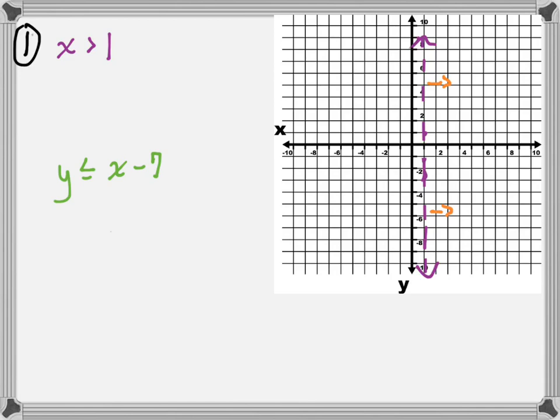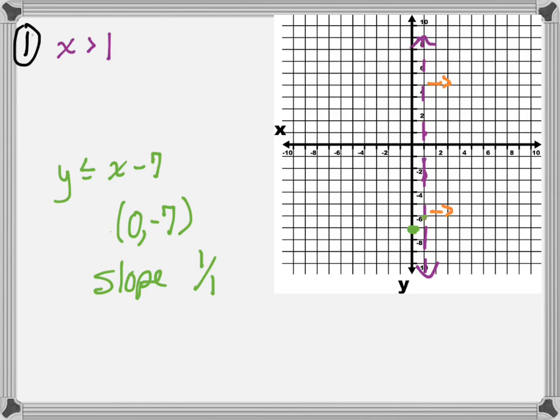Now I'm going to do my green line the same way. I'm going to start with identifying the information I need to graph it. So my y-intercept is (0, -7). And so on the y-axis, I'm at -7, and I put my dot. My slope is 1, which means 1 over 1.